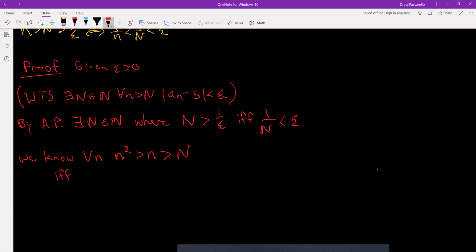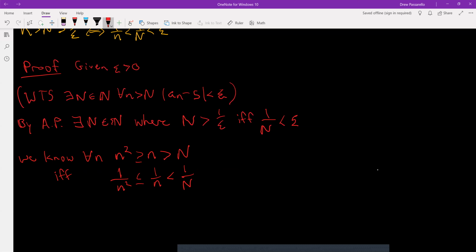This is greater than or equal to because we know 1 squared is the same as 1. So for all n, we have n squared greater than or equal to n, where we want n to be greater than capital N for our indices. Taking the reciprocal, we have 1 over n squared is less than or equal to 1 over n, and that itself is less than 1 over capital N.